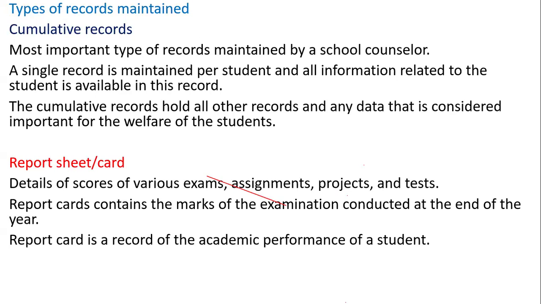Just go through and tell me what it is. Can you tell what should be contained in cumulative records? What are cumulative records?